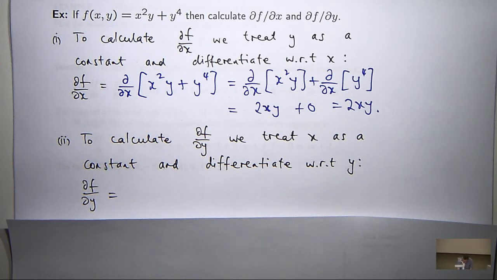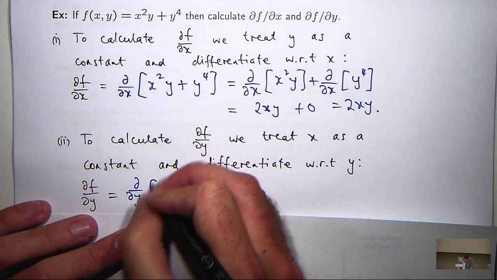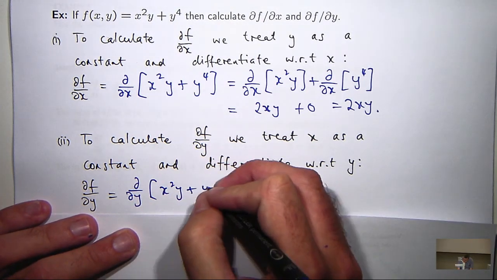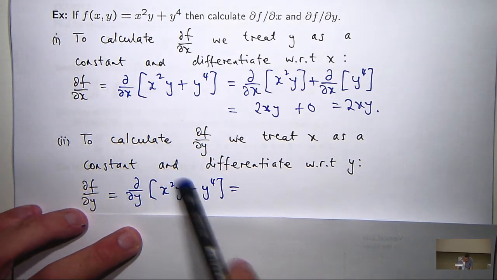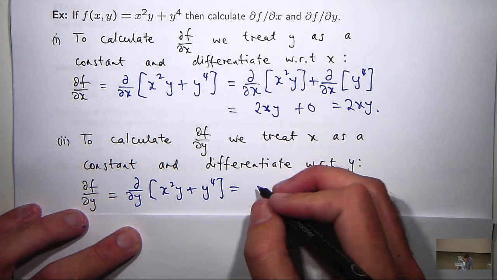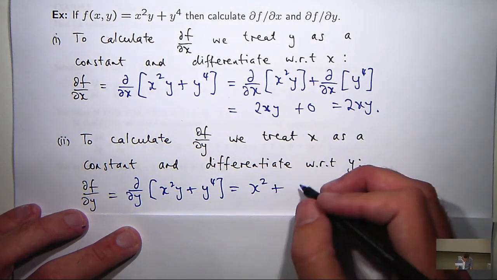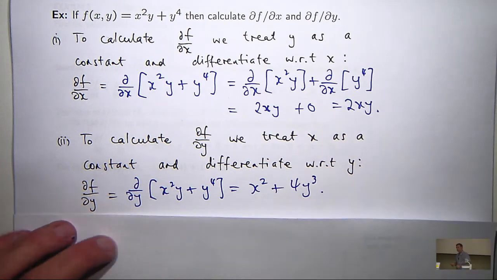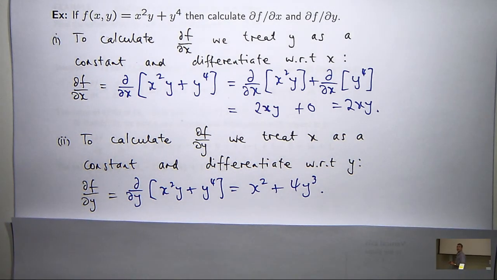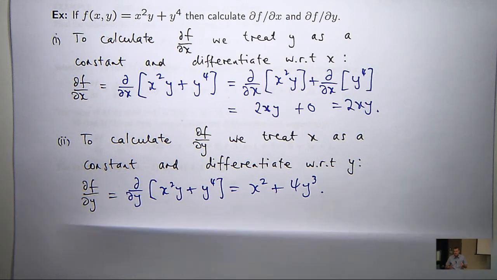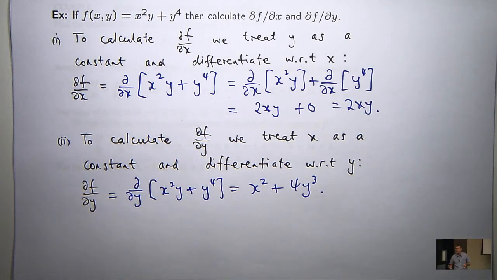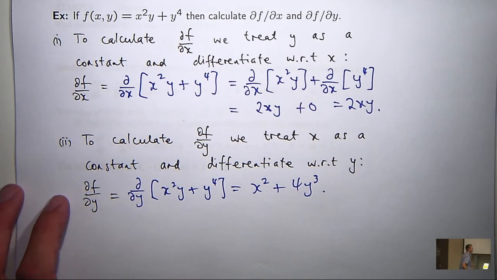So what's the first term going to go to when I differentiate it? X squared. And what about the second term? 4y cubed. Thank you. Okay, now that's a real basic example, but it just gives you the basic method for how to differentiate these things.